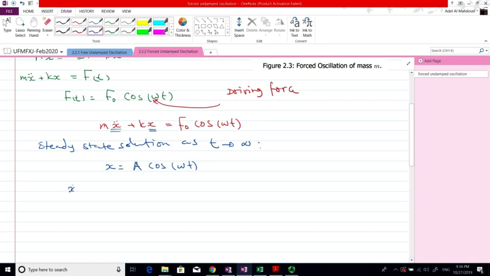So first the velocity, which is not included in this equation, will be the derivative, or the rate, of displacement. Remember that it is a constant multiplied by a function.